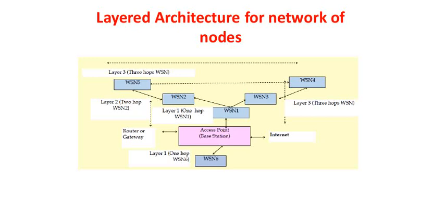The duty of the base station is to transfer the collected data to a higher-level network like the internet. Accordingly, you have layer 1, layer 2 and layer 3, and the different nodes are connected to the different layers as per the network topology. The information from any node can reach the access point in 1 hop, 2 hops or 3 hops. This is called the layered architecture for the network nodes.